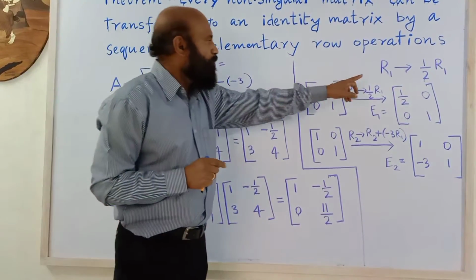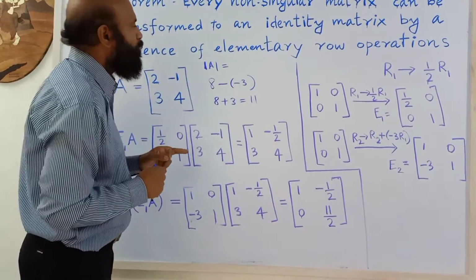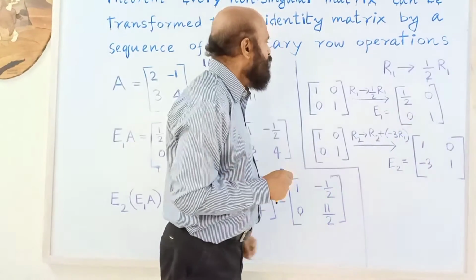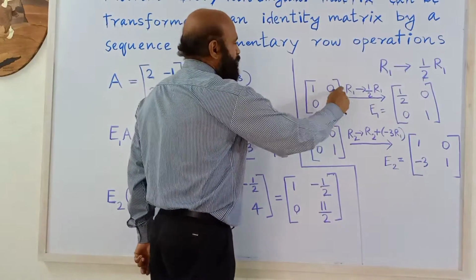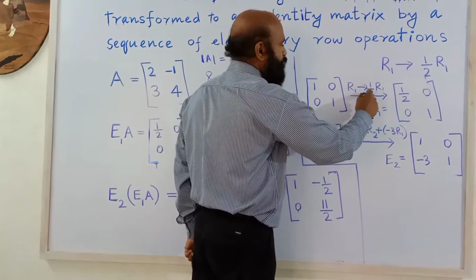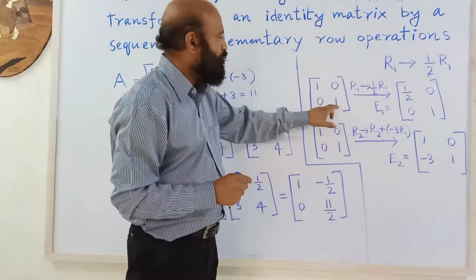Instead of doing this elementary row operation, we can pre-multiply by an elementary matrix. So now this is an identity matrix. Same elementary operation, you do it on this identity matrix.